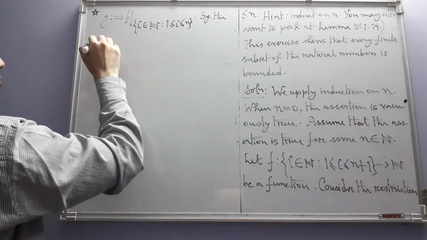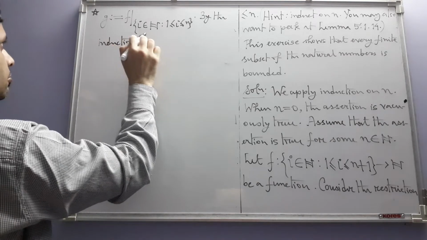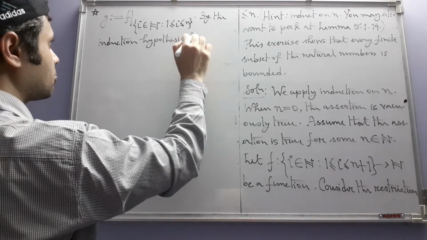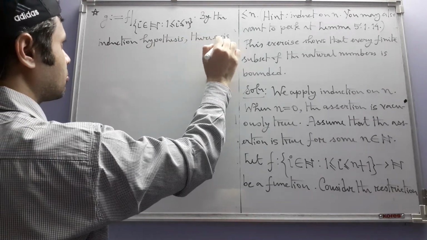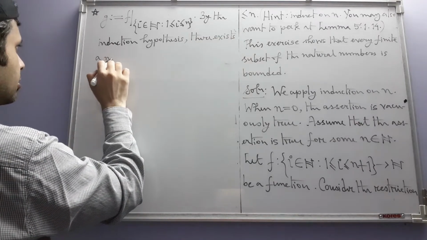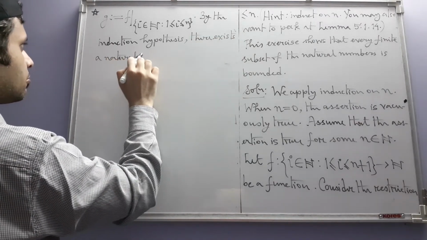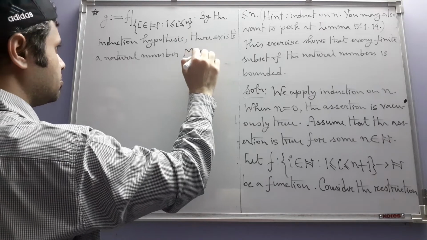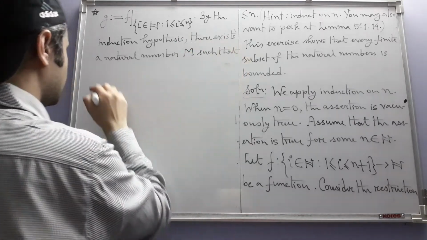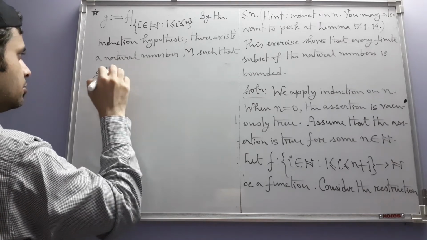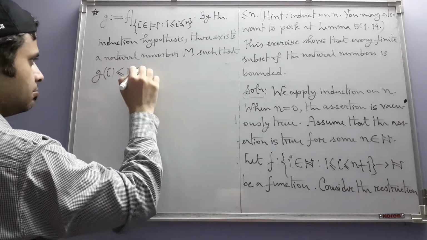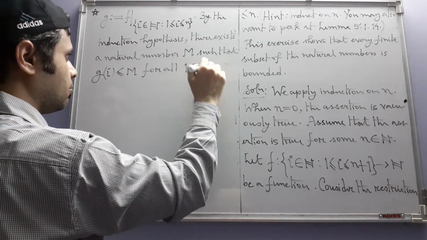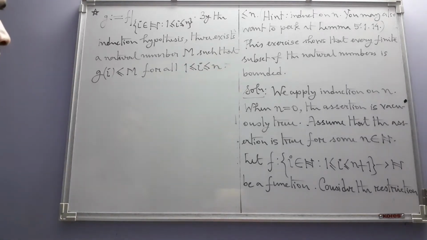By the induction hypothesis, there exists a natural number m such that g of i is less than or equal to m for all natural numbers i lying between 1 and n.